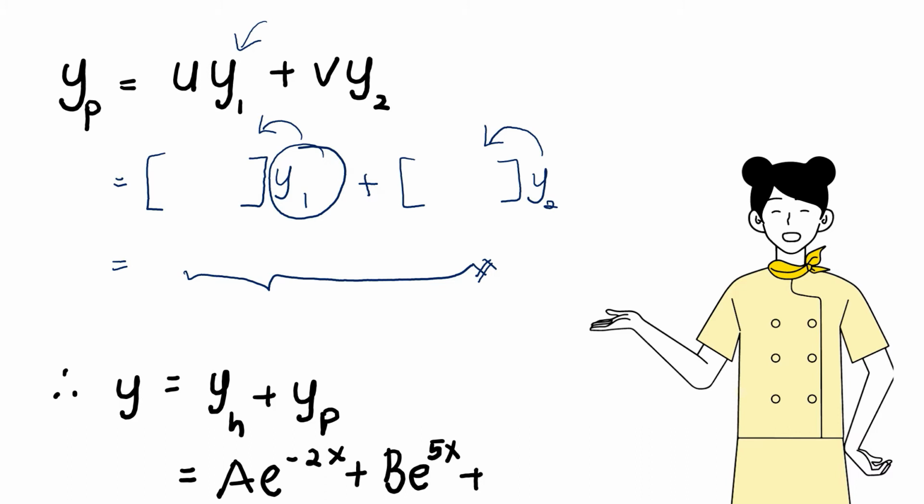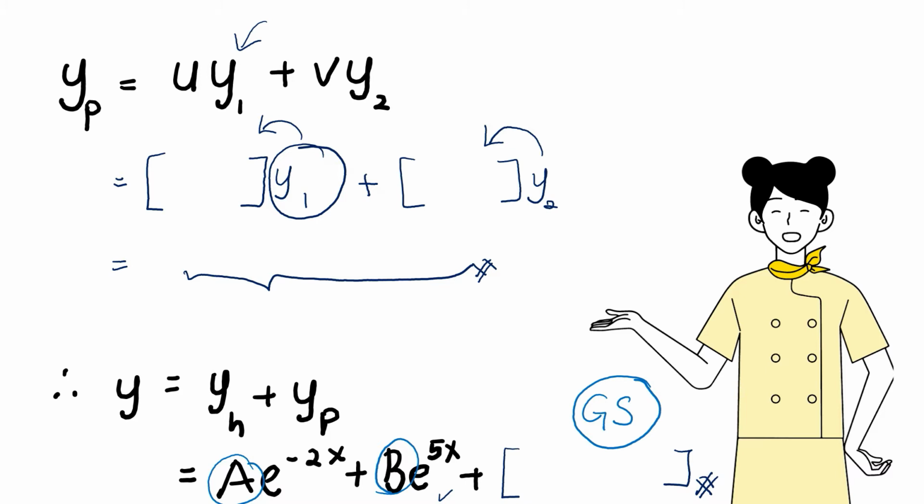Finally, you must write down the general solution. The general solution of y is given by yh plus yp, so we have yh is this one, and then you substitute your yp. So you will get the general solution. Why general solution? Because a and b are still unknown, and we don't have specific values for a and b.